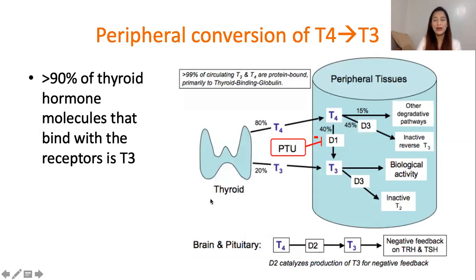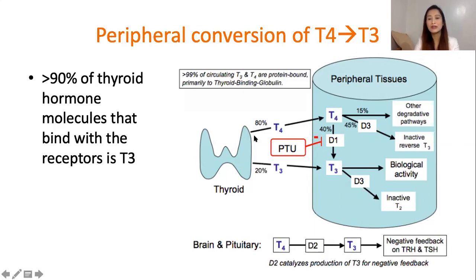Okay? So I've been talking to you about the peripheral conversion of T4 to T3 in the target tissue. More than 90% of the thyroid hormone molecules that bind with receptors is T3. So in the peripheral tissues, let's say in your skin or in your heart or in your GI tract, you will have receptors for T3.